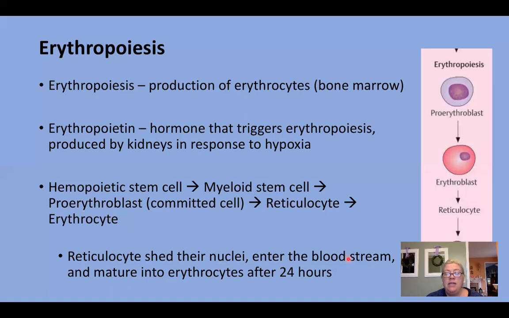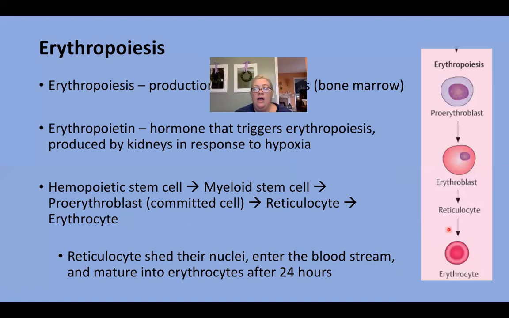And the myeloid stem cell is then going to be acted on by some chemicals, the hormone erythropoietin, and that myeloid stem cell is then going to become the committed cell called the proerythroblast. And the reason why the proerythroblast, this committed cell, is important is because once that myeloid stem cell has become a proerythroblast, there's no turning back. It is going to become a red blood cell.